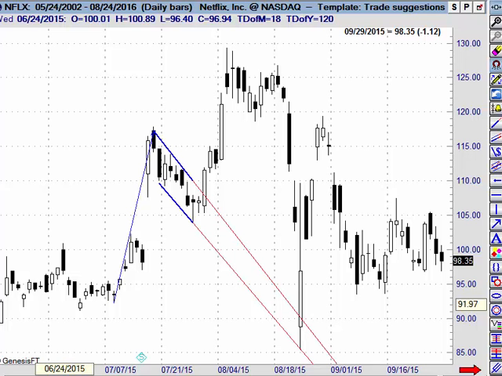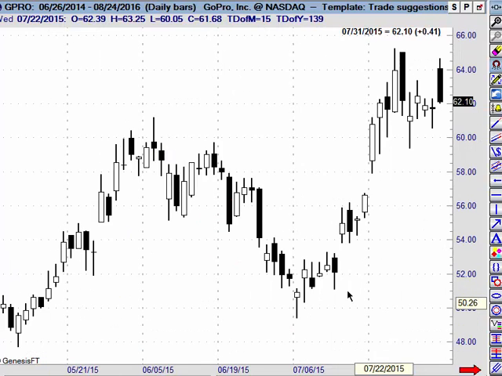Okay, and GoPro went long right around $55 on July 15th, which is over here. So he did it because of the rising window. Now, here we have a little bit of a dark cloud cover, but on this session, notice we had the successful test of the rising window on the next session over here when he went long, so that's a plus.